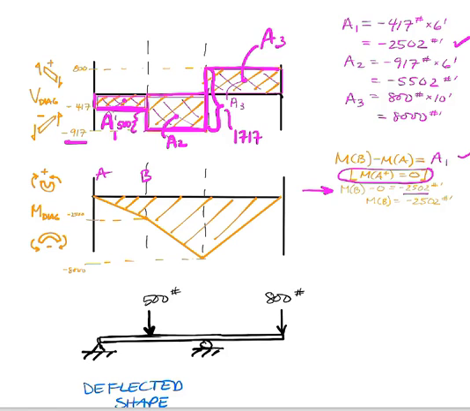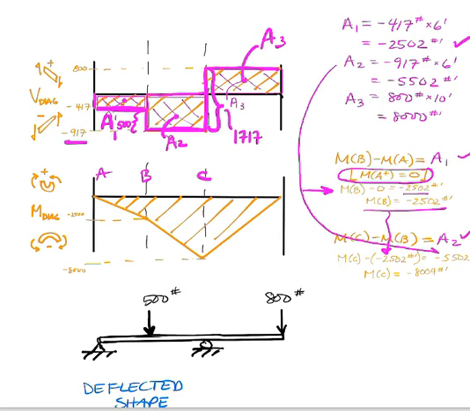Next, we would move from B to C with the exact same relationship. That would tell us that the moment at C minus the moment at B is going to be equal to A2, the area underneath the shear diagram between those 2 points. We've got values that we can plug in. I can take MB from above, that goes right there, and I've got A2 from my previous calculation. Then I can solve for MC.